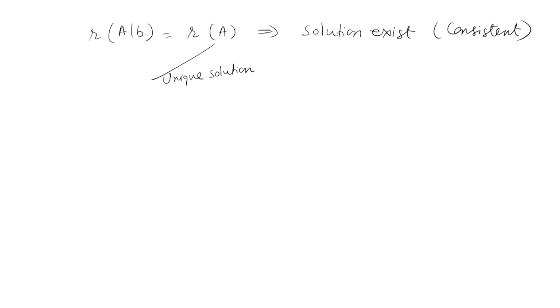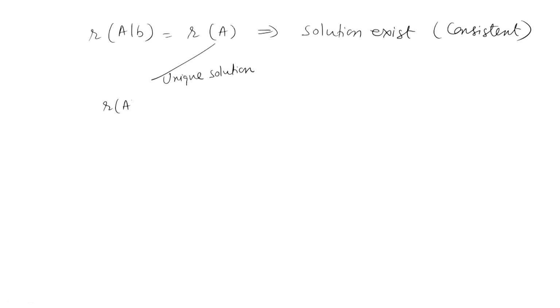It will have a unique solution only when the number of linearly independent linear equations is the same as the number of unknowns, and that will be possible only when the rank of the augmented matrix, which is the same as the rank of A, is equal to the number of unknowns.